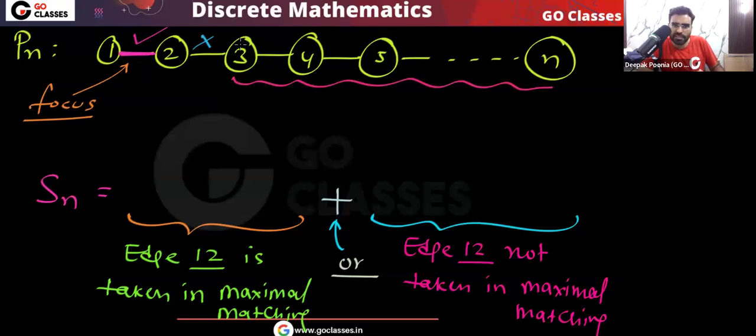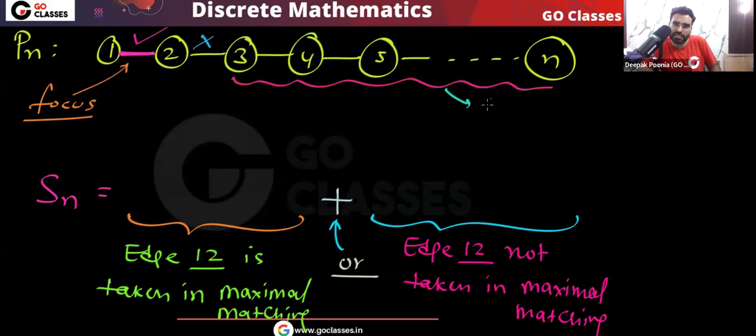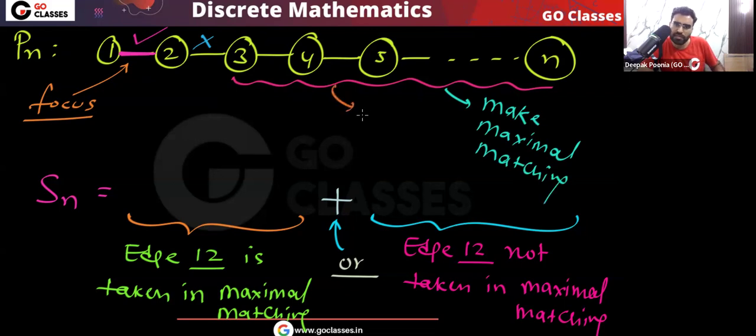Now you can see that in this remaining graph, we need to find maximal matching. What is this remaining graph? This remaining graph is Pn minus 2.